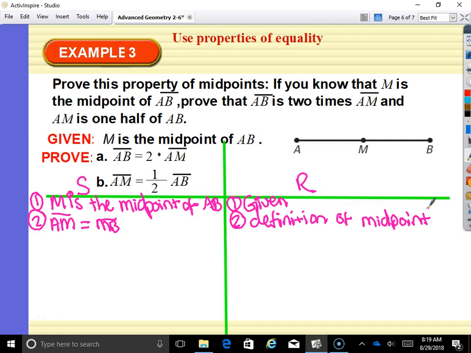Okay, yeah, I was right. Midpoint actually says that they're congruent, right? Midpoint tells you that the two segments are congruent. So then you have to change it out of a congruent symbol into an equal symbol because everything's dealing in equal. So now you're just going to go AM equals MB. And that reason is definition of congruent segments. If they're congruent, then they're equal.